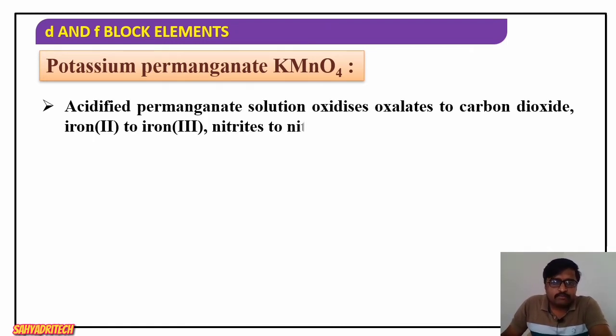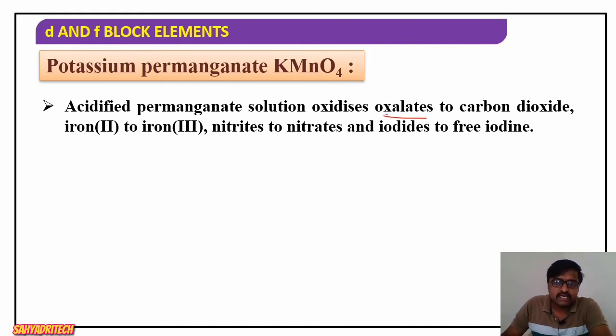The acidified permanganate solution oxidizes oxalate to carbon dioxide. It means this permanganate can also be used as a well-known oxidizing agent. So we can say acidified potassium permanganate solution oxidizes oxalate to carbon dioxide, Fe2+ to Fe3+, that is ferrous salt to ferric salt, nitrite to nitrates, and iodide to free iodine.